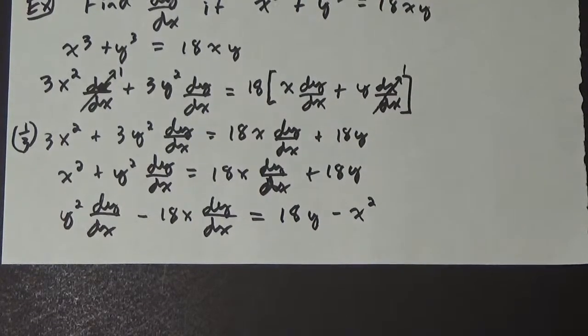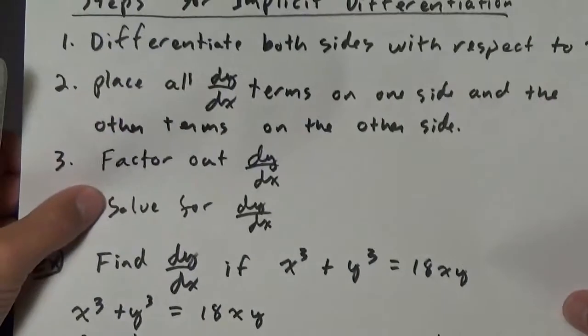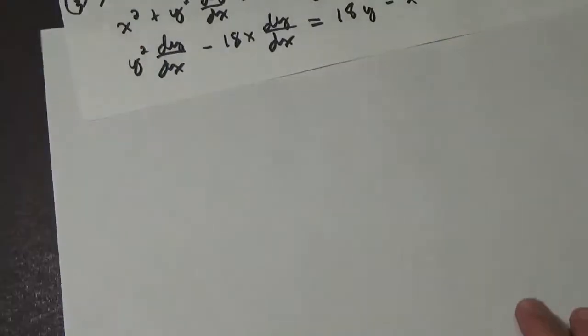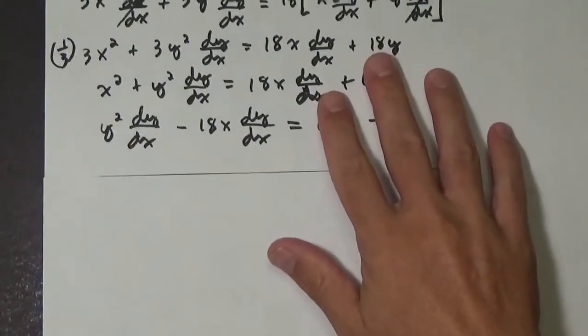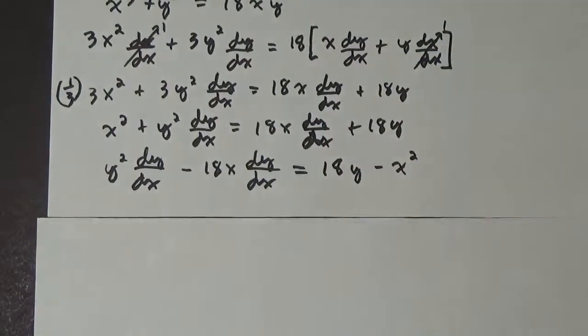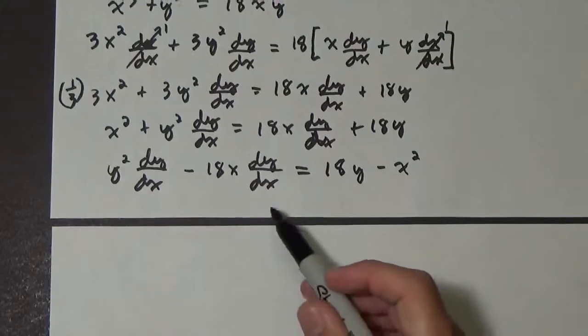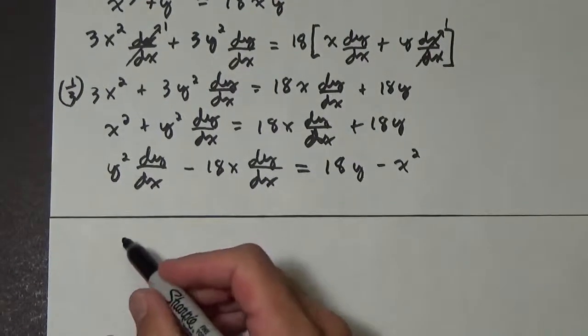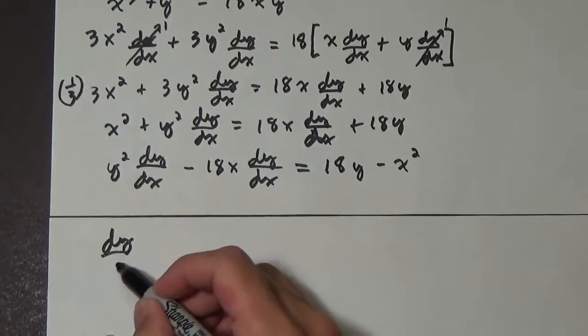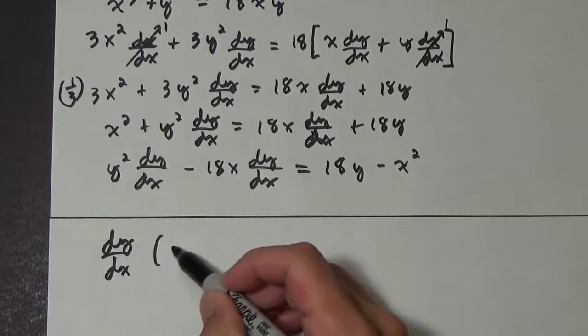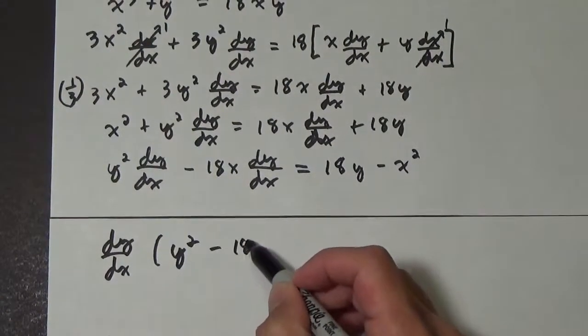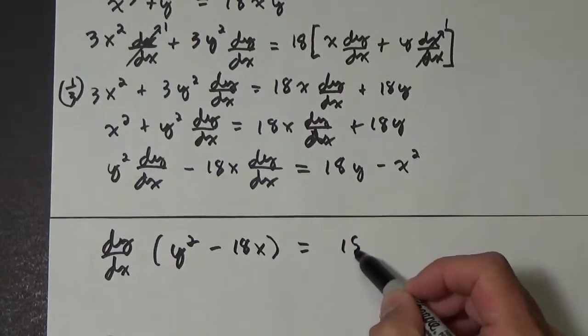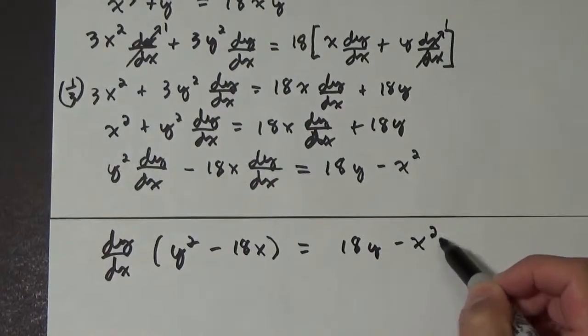Okay, I need another piece of paper here. All right, the next part of this is we need to factor out dy/dx. So let's see if I can fit this in here. So when we factor out dy/dx, we get the following. dy/dx times y squared minus 18x equals 18y minus x squared.